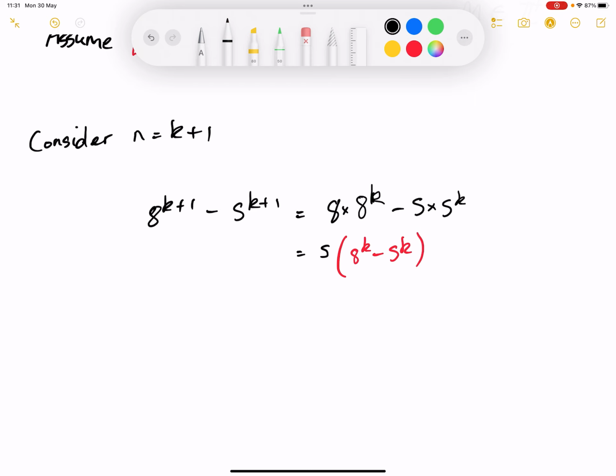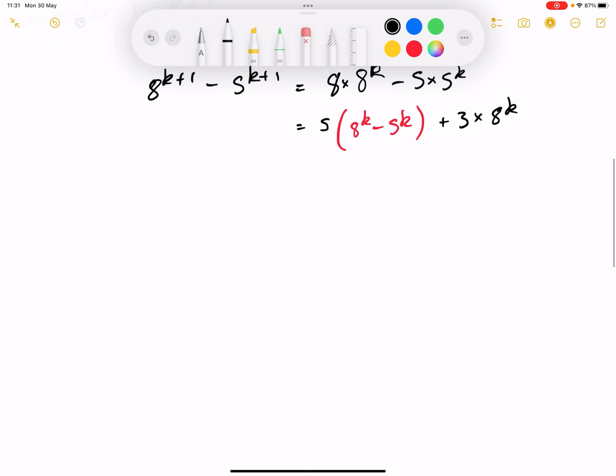And then we have another 3 times 8 to the k, which means that we have 5 times 3m plus 3 times 8 to the k, which means we have 3 times 5m plus 8 to the k.